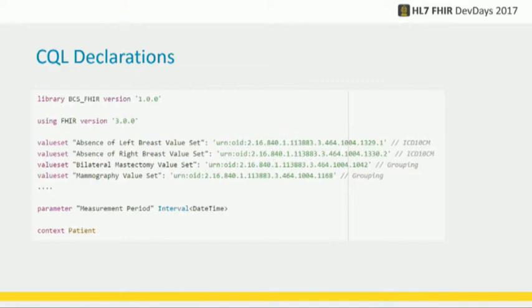By parameterizing it, we can just provide that as part of the evaluation. And then this context patient indicates that all of the criteria that you define within this measure will be evaluated in terms of a single patient. And that's a hook for the implementation engine to know how to actually run this. It understands that all of these criteria apply, and it needs to use the relationships of the data to the patient to feed the data, to feed the calculation.